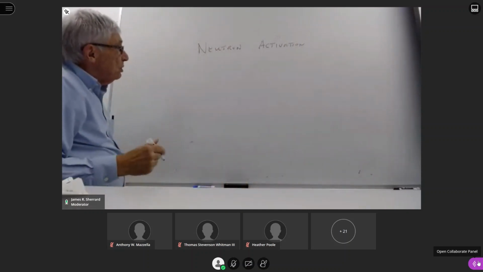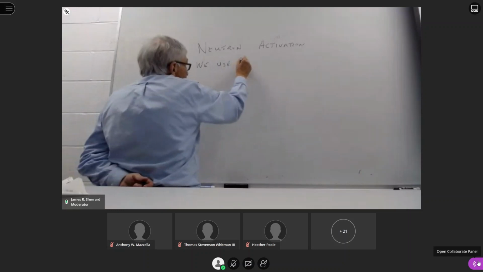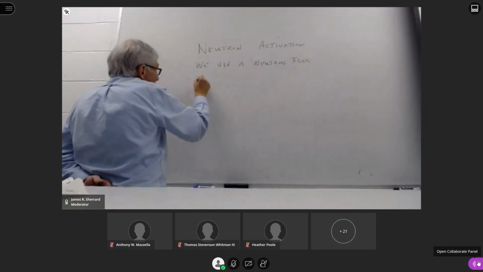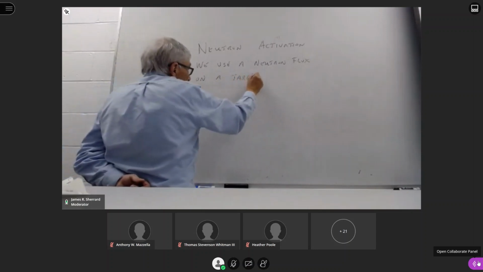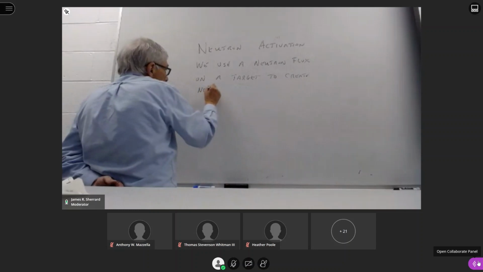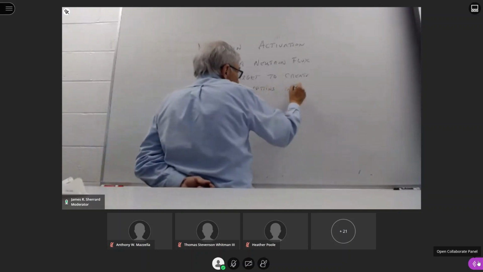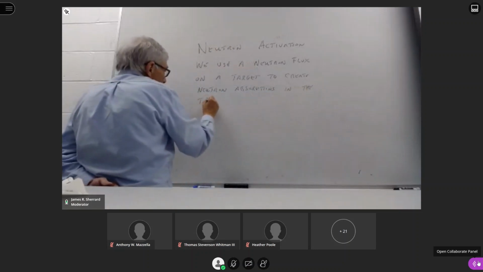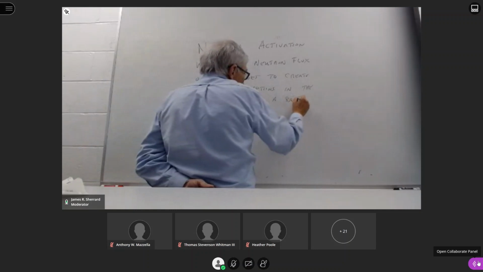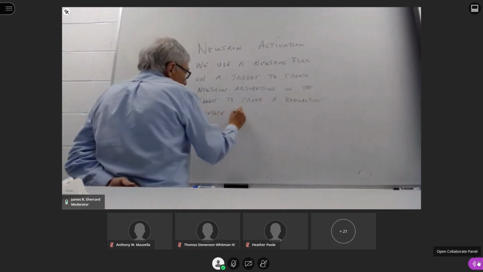If we go back and review neutron activation, for neutron activation, we use a neutron flux on a target to create neutron absorptions in the target to create a radioactive isotope of interest.